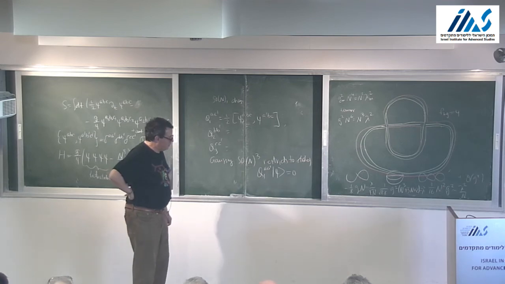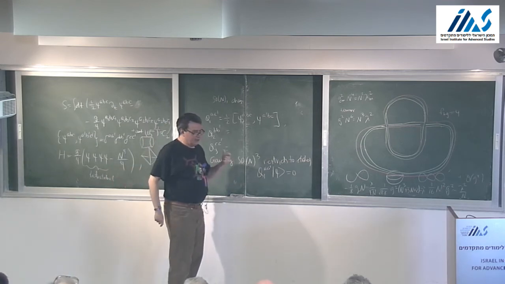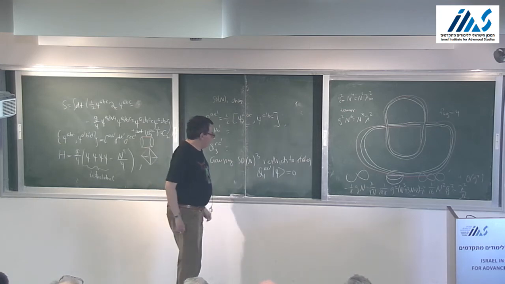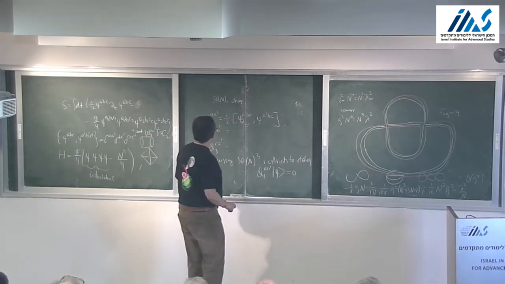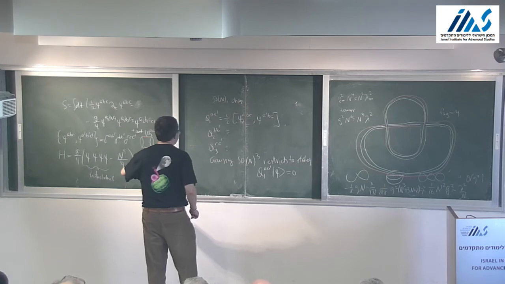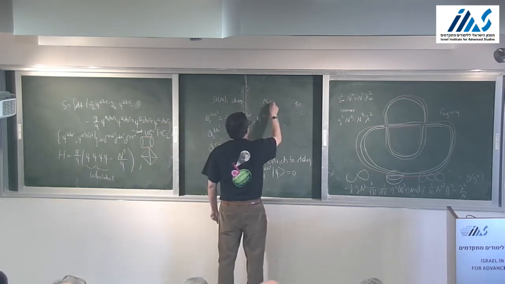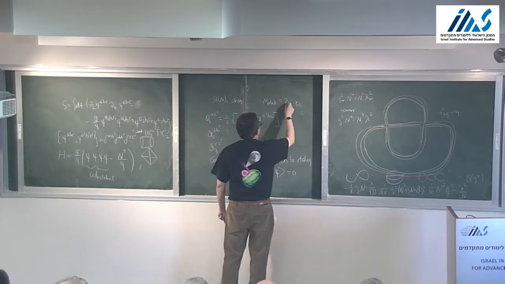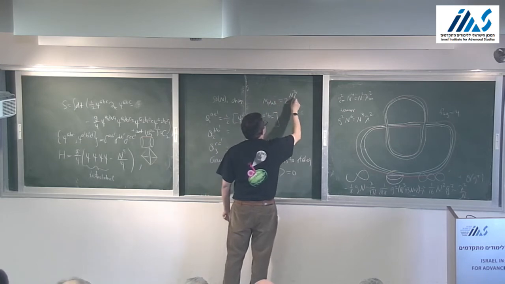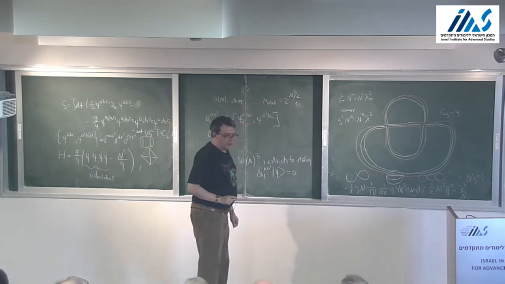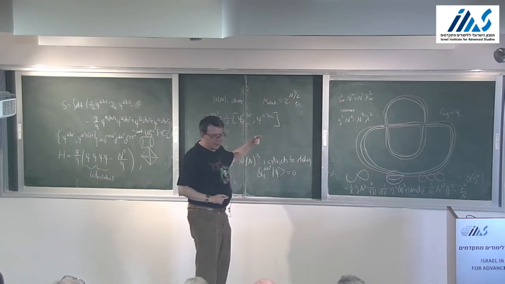In fact, it's possible to calculate the number of invariant states. The total number of states in this model is 2 to the n cubed over 2, since there are n cubed Majorana species.